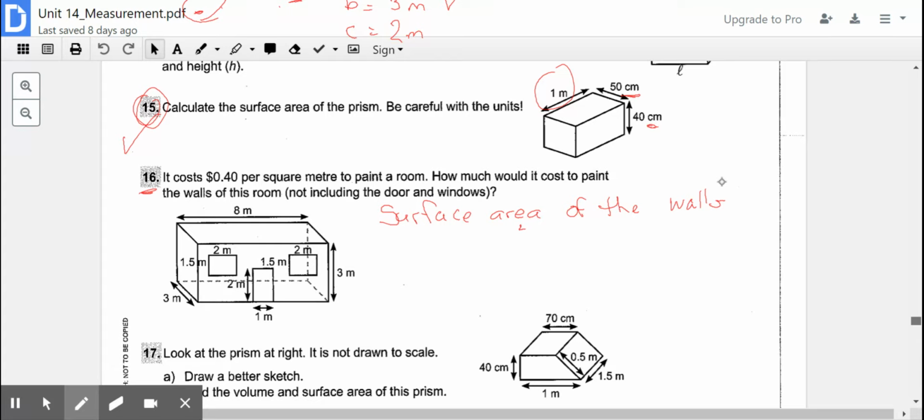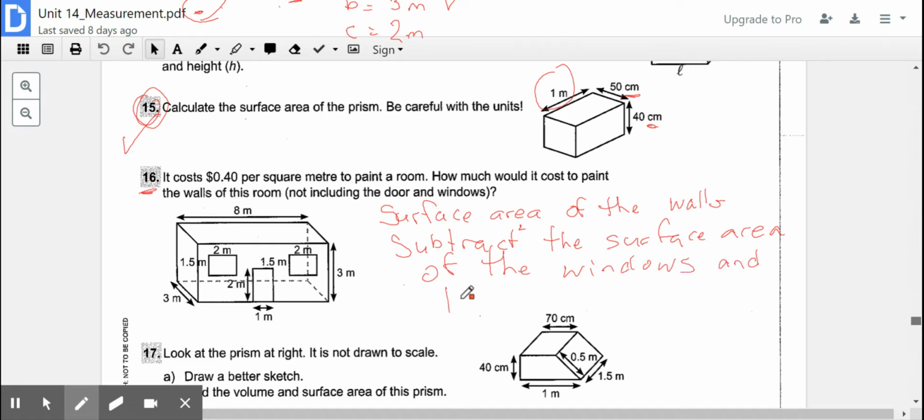Once you've found the surface area of the walls, you're going to need to subtract the surface area of the windows and the door. And that will give you how much paint you need.